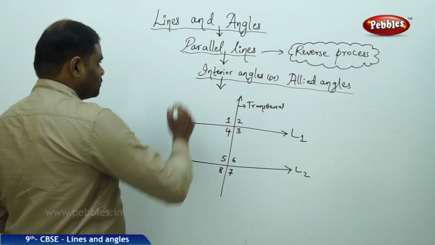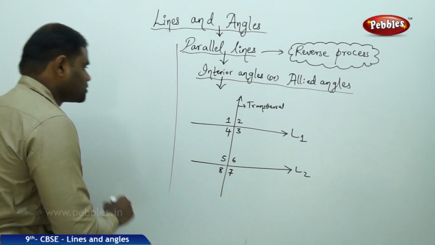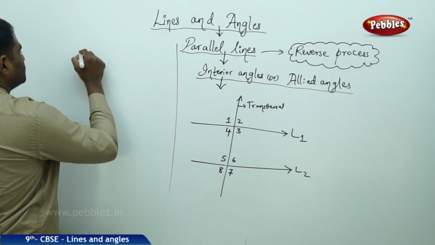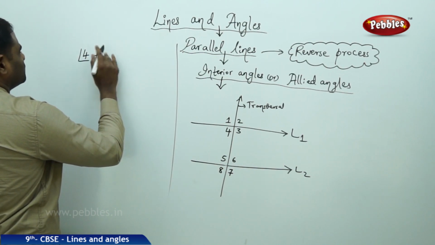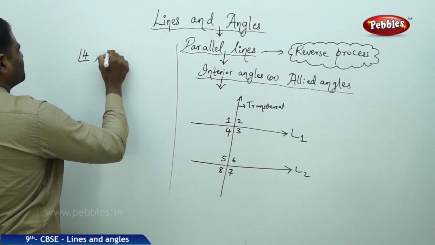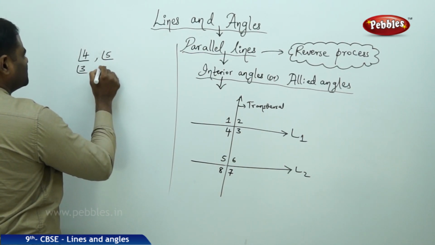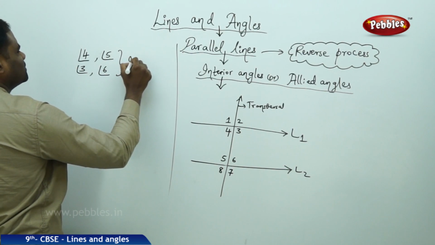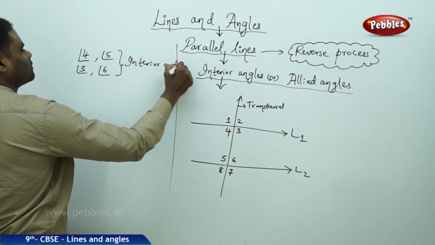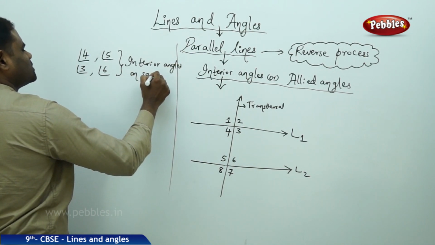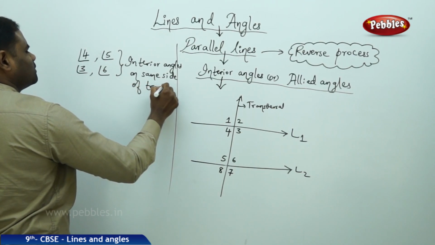Now we know that angle 4 and 5 are interior angles on the same side of the transversal, and angle 3 and angle 6 are interior angles on the same side of the transversal.